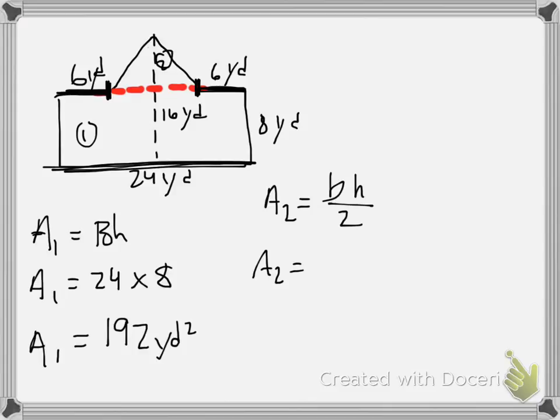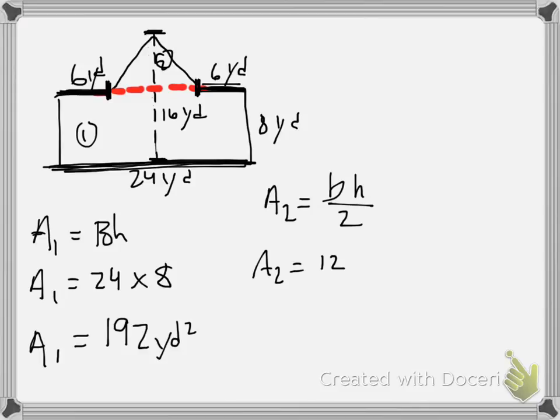So again, the whole base is 24, and this much is 6, and this much is 6. Now I'm up to 12. I need another 12 to make the whole thing. So the base is 12. Alright, now for the height. They put this dotted line in here, and it says 16 yards. So 16 yards from the base of this rectangle all the way to the peak of the triangle.